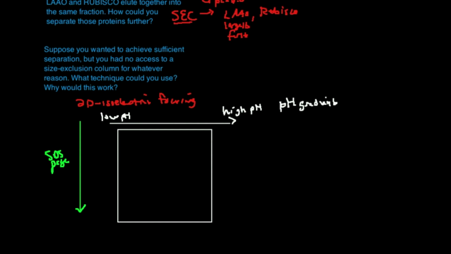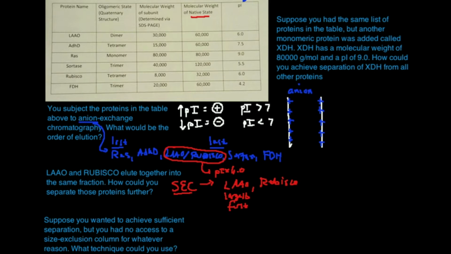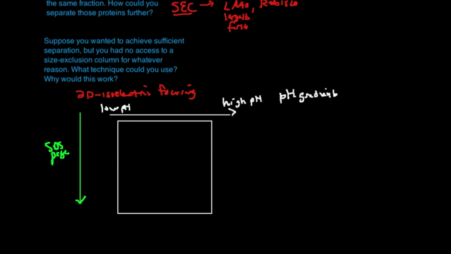Okay, so if I'm looking specifically at LAAO and Rubisco, which have the exact same isoelectric points, one will be on top of each other, because they're not going to be left or right of each other because they have the same isoelectric point.